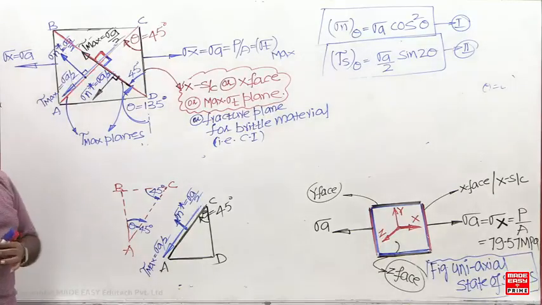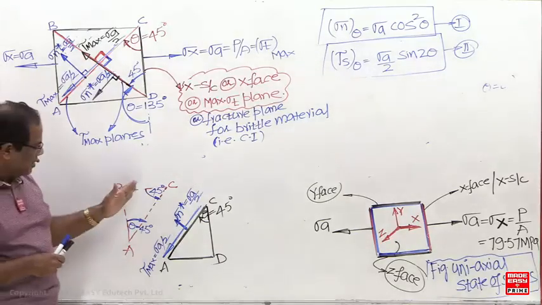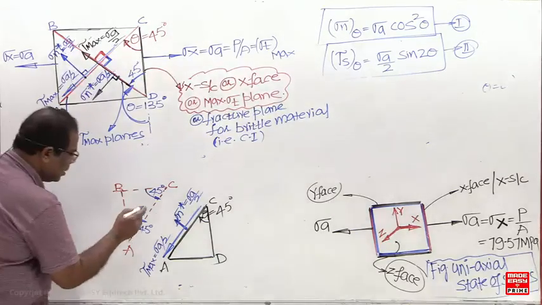Now for equilibrium, what are you going to get? For equilibrium, the sum of the forces should be 0. If it is upward here, it should be downward there.